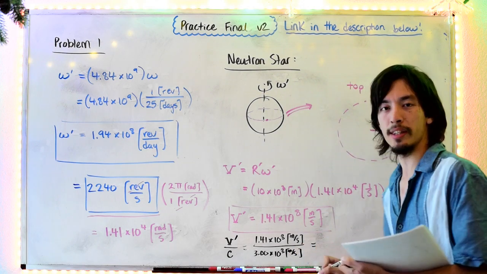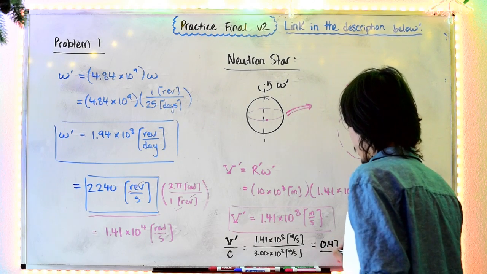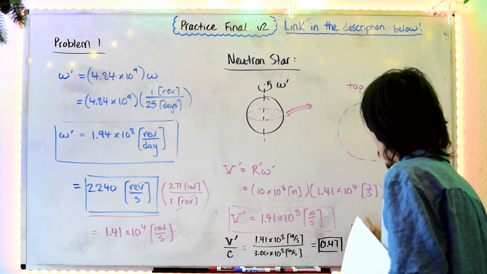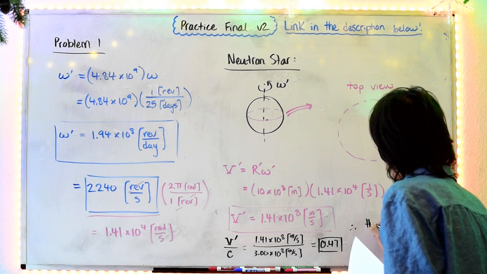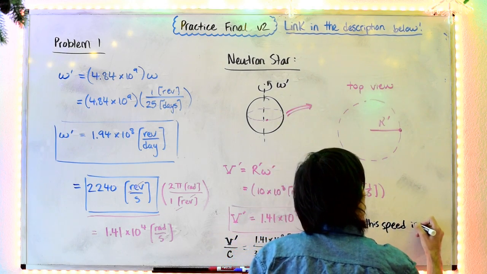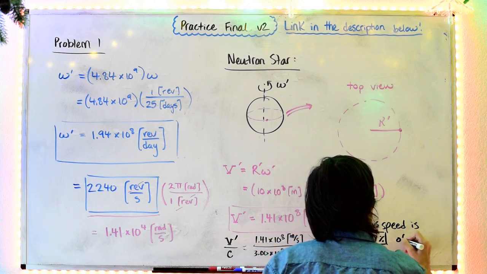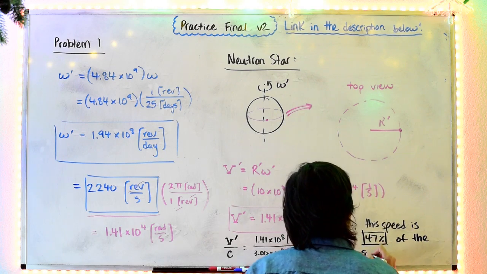And this ratio ends up being 0.47. In other words, therefore, this speed is 47% of the speed of light.